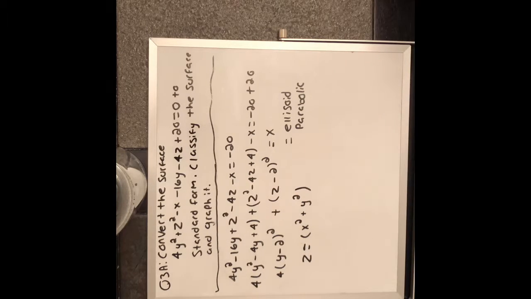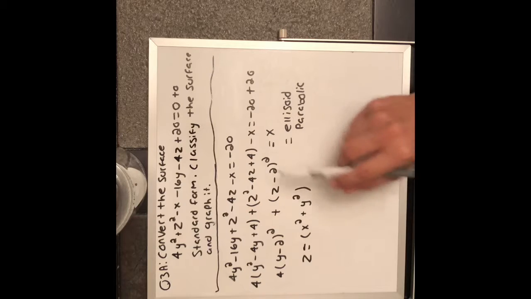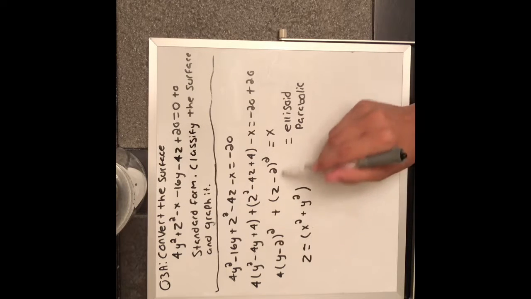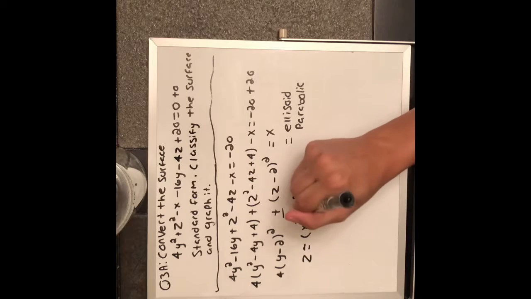We do have a y squared, and in this case, instead of z it would be x. We just flip the variables around.